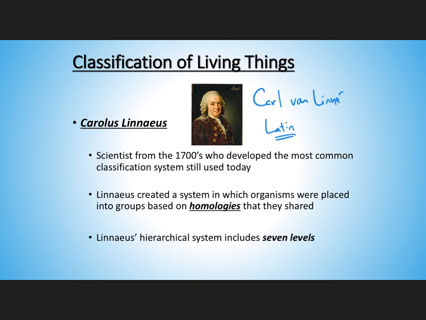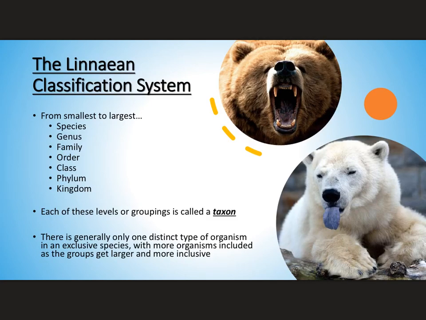And Linnaeus came up with a hierarchical system, right, a classification system that had 7 different levels, or what we call taxa, would be the plural, or taxon is the singular for that. Now, from smallest to largest, the Linnaean system shapes up like you see right here.